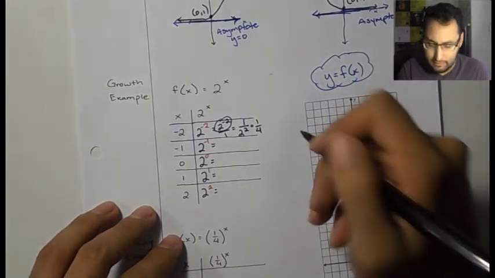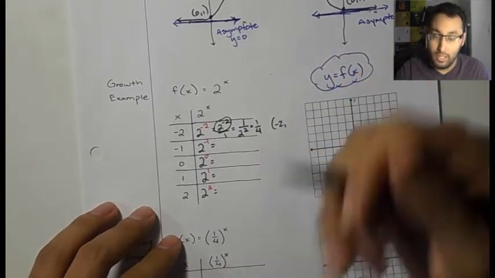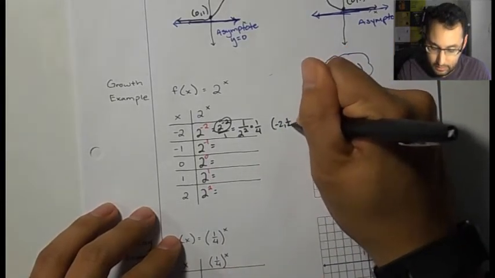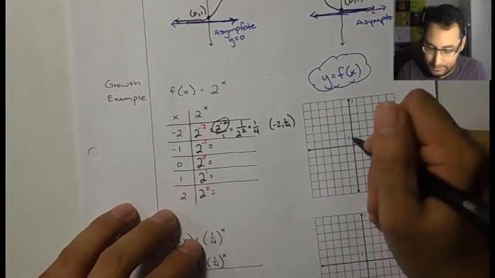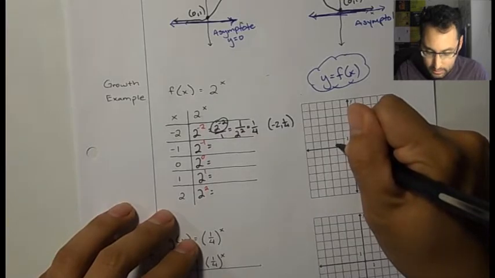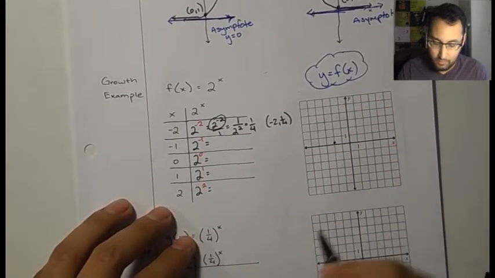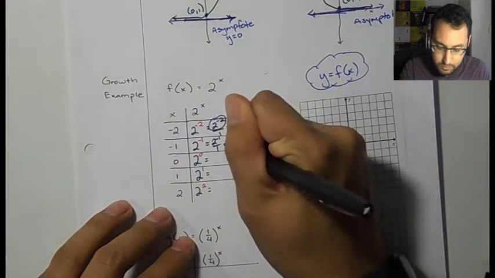So by plugging in -2, that is our x value. Our y value is our output. That is 1/4. So we'll graph that. -2, 1/4, that is 2 to the left on the x-axis, and 1/4 up, so it's not that much above the x-axis. Okay, next one, very similarly, we're going to put this over 1.